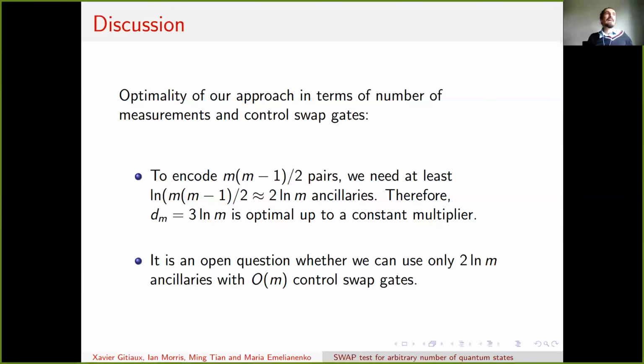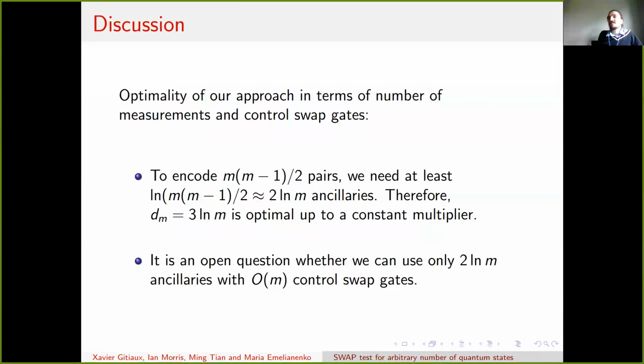The reason is that you have m(m-1)/2 pairs, so you're going to need log of m(m-1)/2 ancillas to encode and index these pairs in some way, which is about 2 log m in order of magnitude. So in some way, 3 log m, which is what we get right now, is actually not so bad. It's optimal up to a constant.